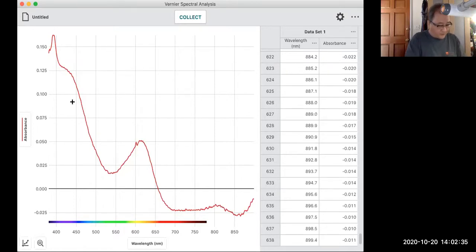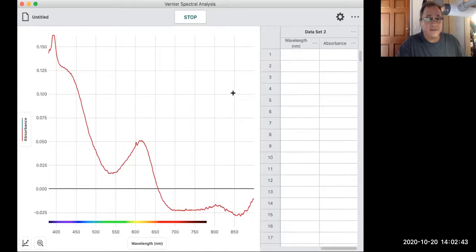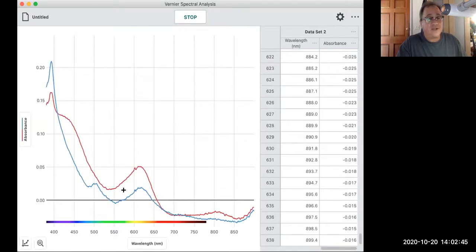So here's another solution. Boom. And let's collect. And you can see the same thing going on. It looks like there's some absorbance here in the blue region, violet, indigo, and there's some absorbance in the yellow region. And of course, the red never seems to show up at all because we can't really see above 650.